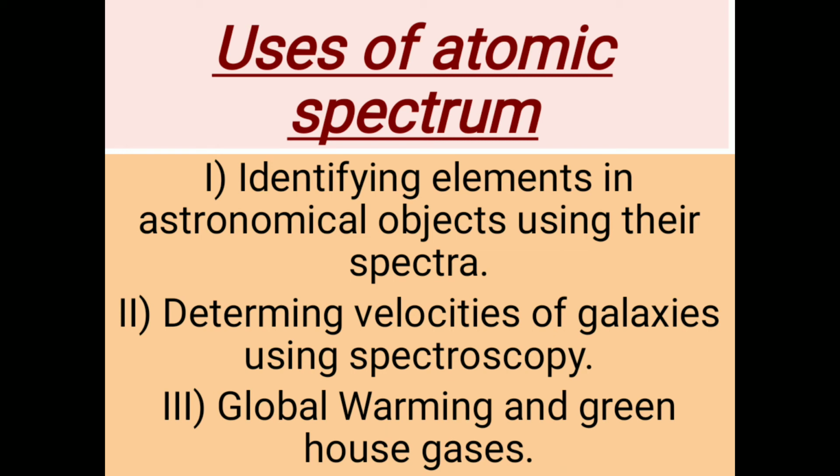Since each element emits or absorbs light only at particular wavelengths, astronomers can identify what elements are in the stars from the lines in the spectrum. From studying the spectra of many stars, we know that there are many different types of stars which contain different elements and in different amounts.